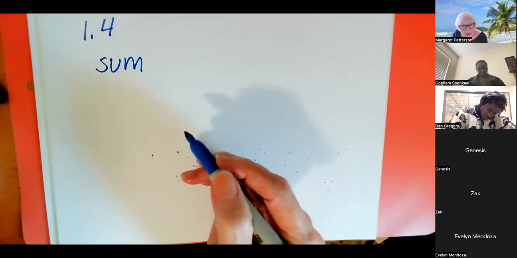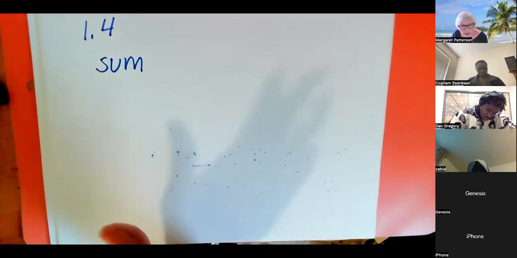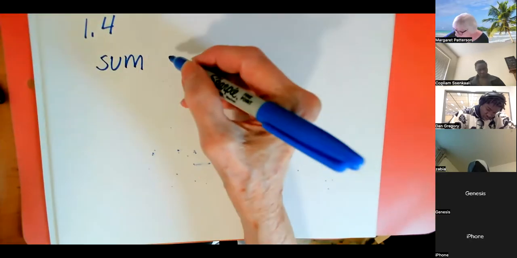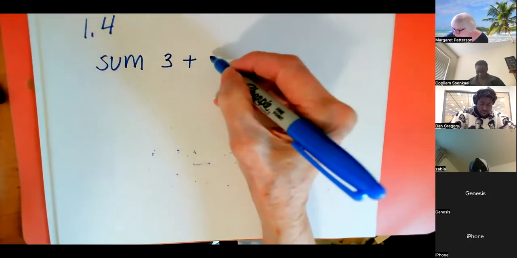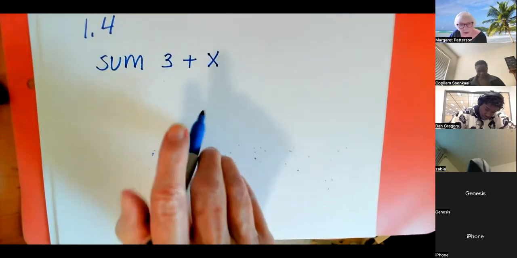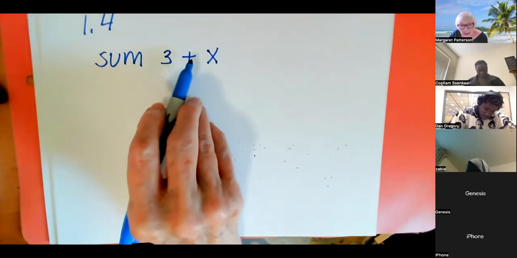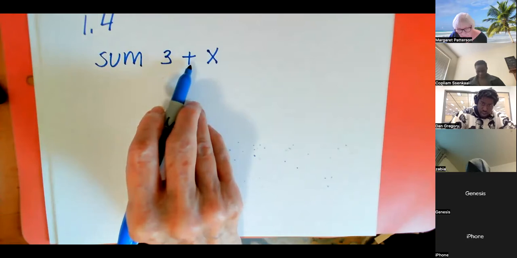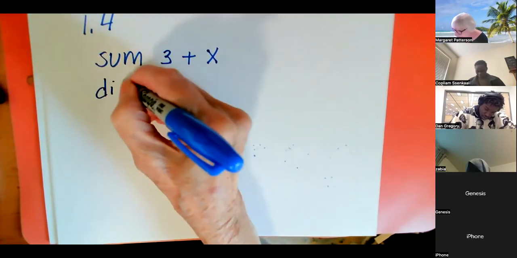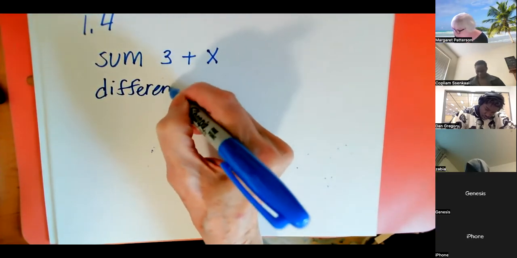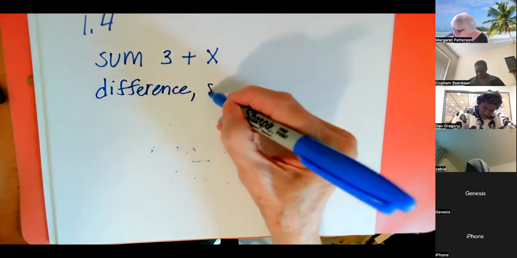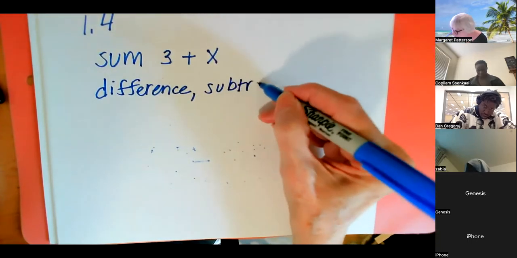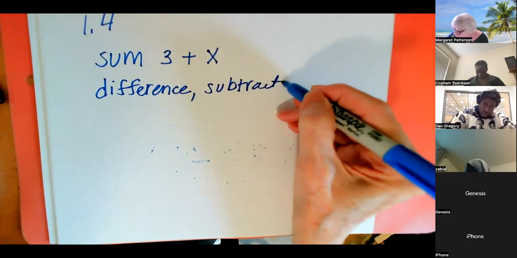In general, these are the 4 words that you might see. If you say the sum of 3 and x, the word sum means you're going to add them. For subtraction, they may use the word difference. They may also say subtract. They also might say subtracted from.